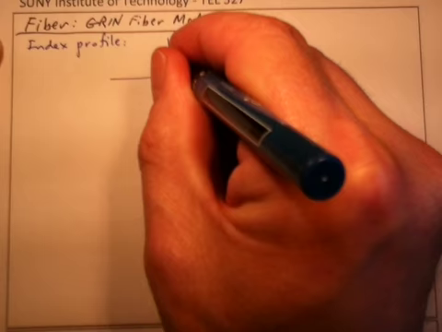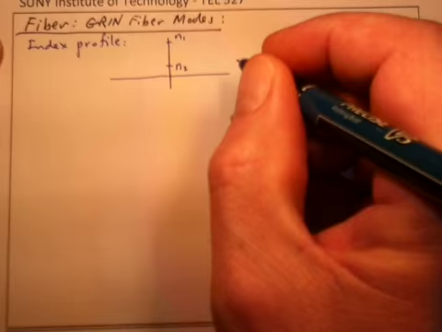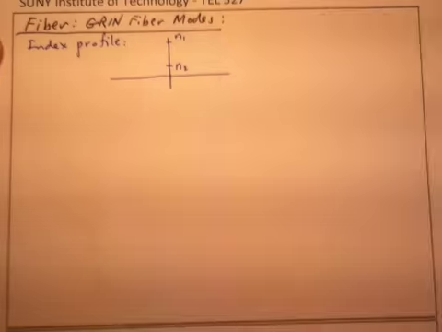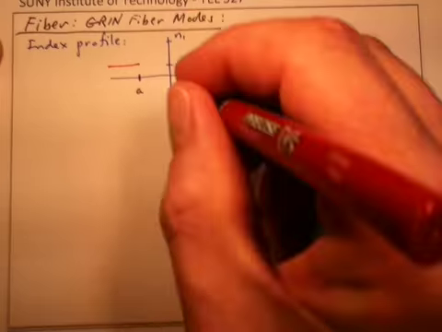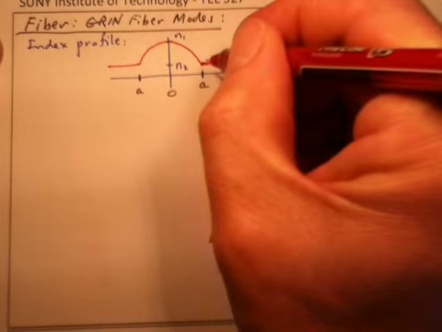If we have a core index of n1 and a cladding index of n2 outside of a certain radius of the core, then we're going to have the cladding index. And then in the core, remember a is the core radius, we're going to have some sort of an index profile that may look like that.